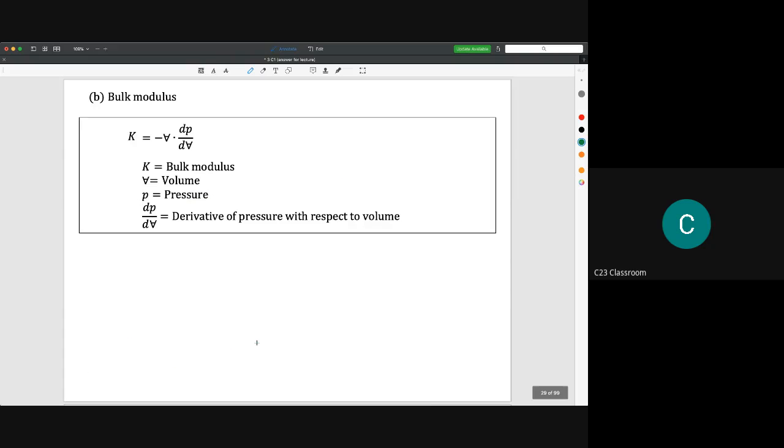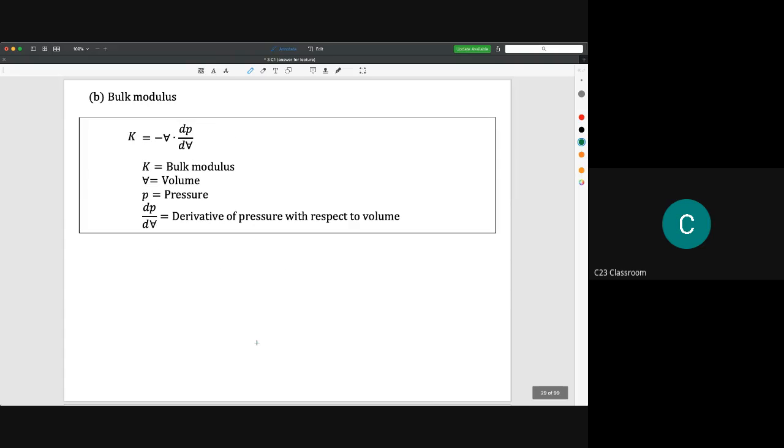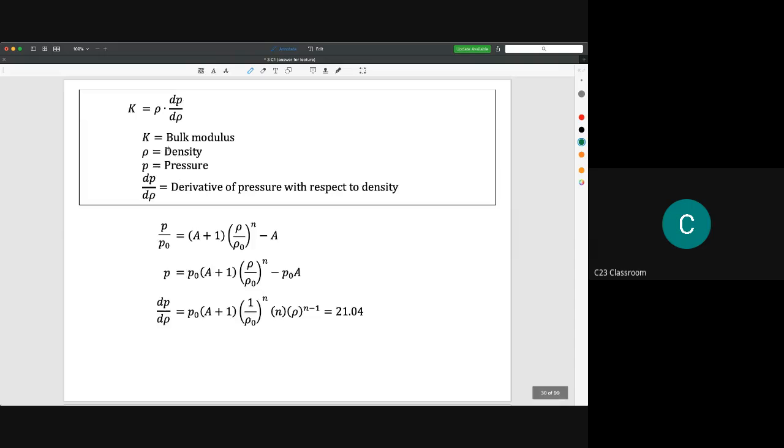And then the next calculation is to calculate the pressure. We have a bulk modulus, so we have a volume here, and we have dp over the volume. Then we could substitute into the equation.